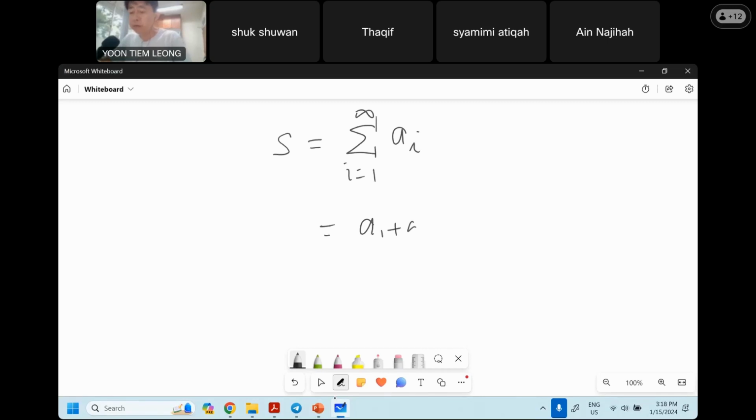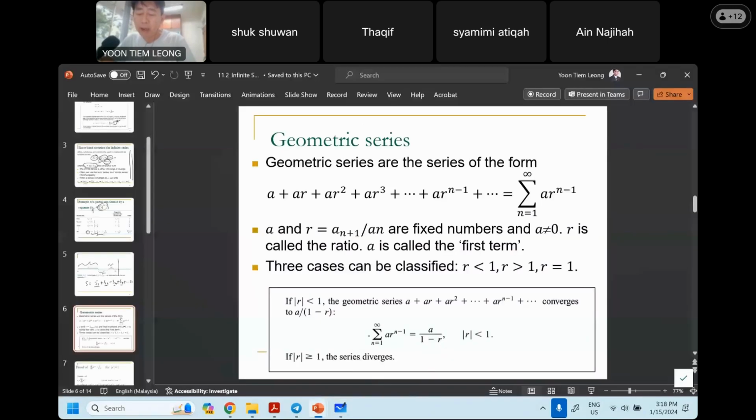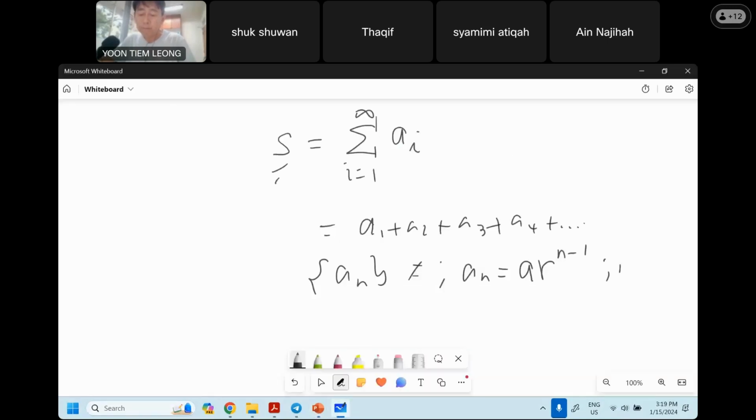But if the sequence a_n that is used to construct an infinite series is in the form of a constant a times r to the power n minus 1, for n running from 1 up to positive infinity, then this is called a geometric series.